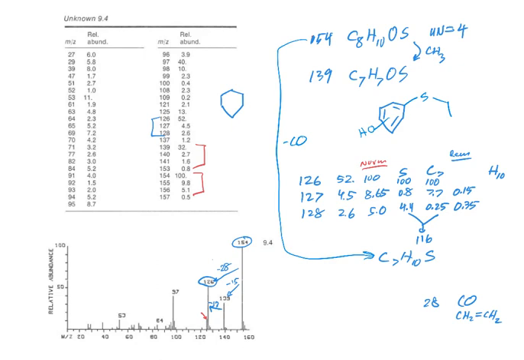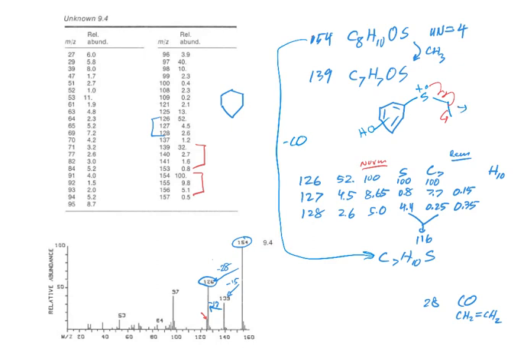So there is a mechanism to lose CO from phenols. I don't like that. So I thought something like this would work well because we can certainly lose a methyl from this, right? Alpha cleavage from the sulfur.